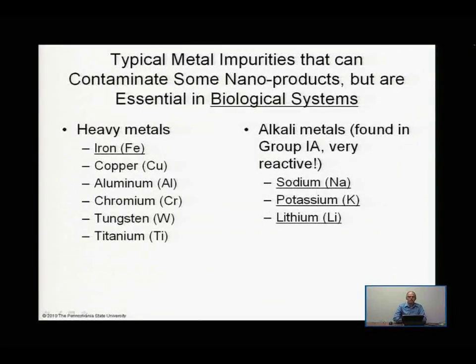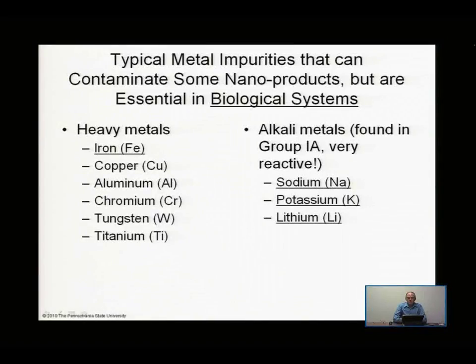And just to talk about these impurities, for example, metallic elements often can be ionized, and iron, copper, aluminum, chromium, tungsten, and titanium. If those are present in some way in a contamination, if they become ionized, they can become very mobile, and the others we mentioned, sodium, potassium, and lithium, are extremely mobile also.